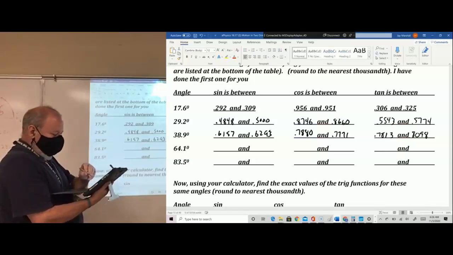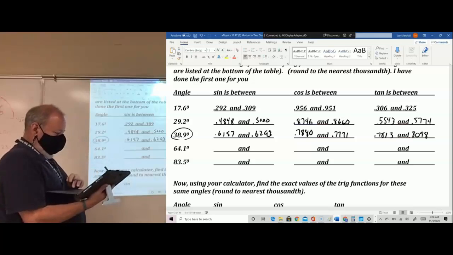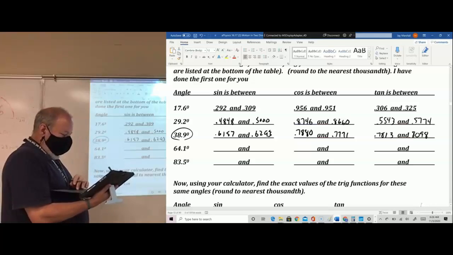So we're getting close to 45 degrees here, so we're getting close to 1 for a value of tangent.